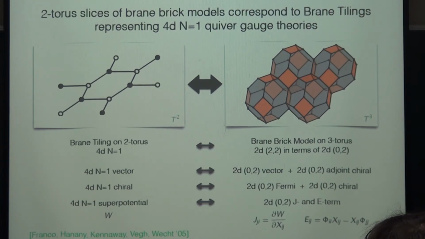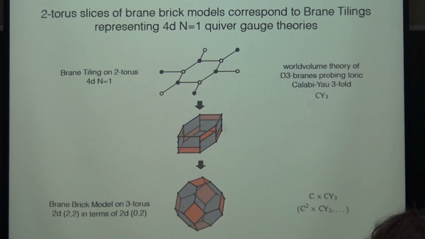In fact, the procedure of dimensionally reducing this set of 4D N=1 theories to 2D 0,2 theories has a nice graphical interpretation. So here we are thinking of a 4D N=1 theory given by this bipartite graph on the 2 torus.